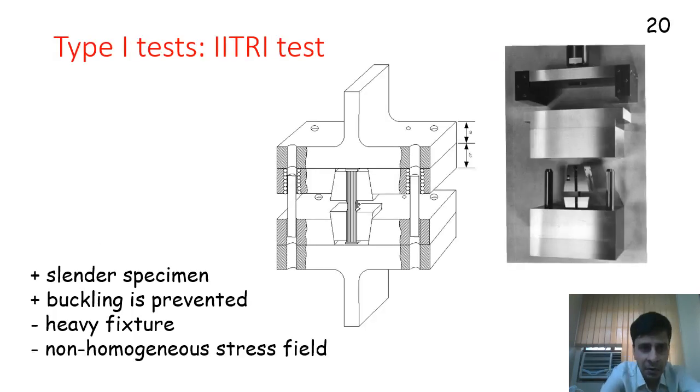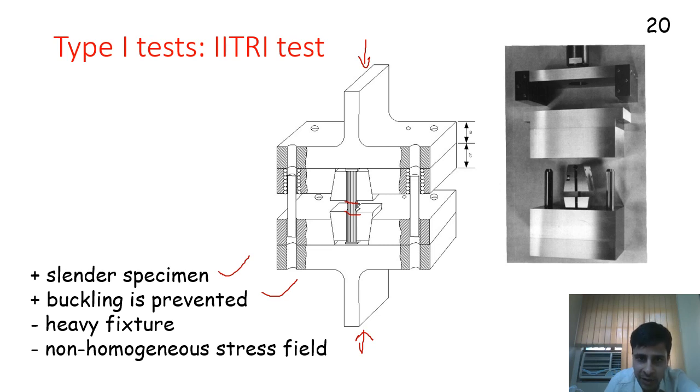The first type 1 test is what is known as the IITRI test, where this is your sample, this is your gauge length which is very small, and you apply compression load from this. The advantage is that you have a slender specimen which is not going to buckle.